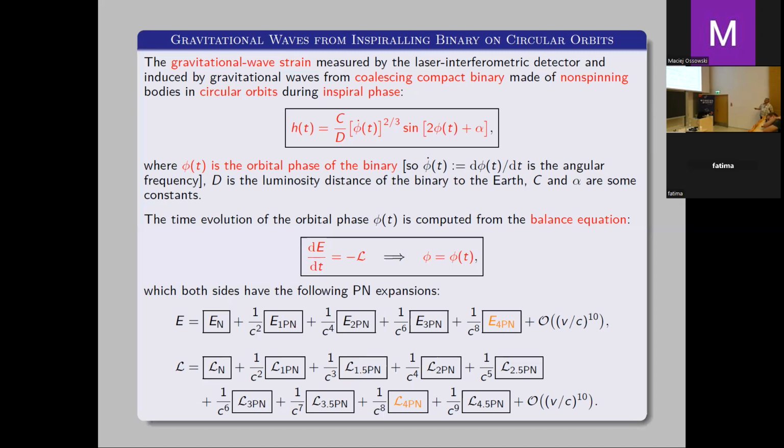Now, you have both sides post-Newtonian expanded. So on the left-hand side, the energy starts from the Newtonian energy, and then you have, of course, 1PN, 2PN, 3PN, and 4PN corrections to this. In this framed thing, I put all that is computed to date. And on the right-hand side, you also have the luminosity expansion.